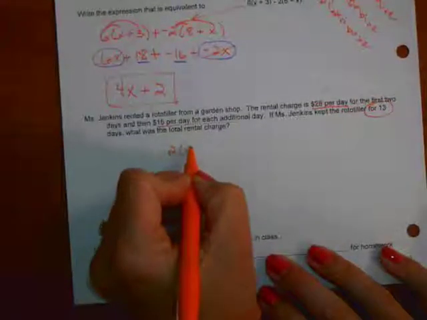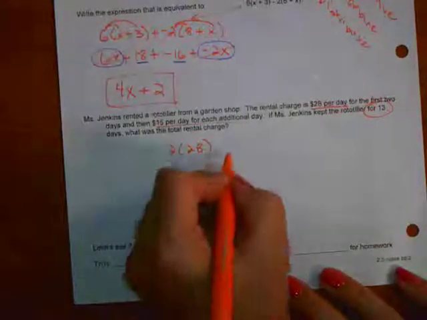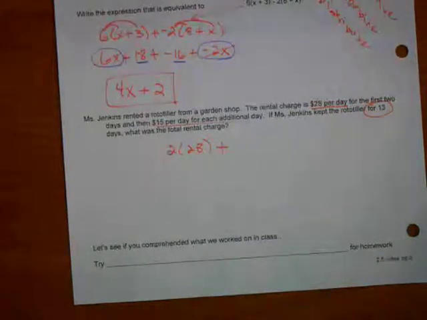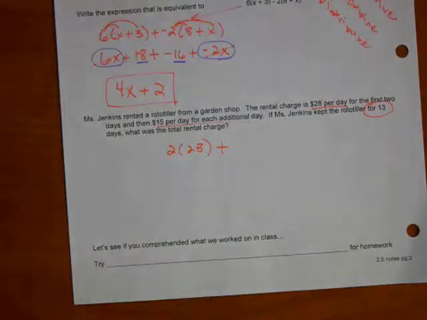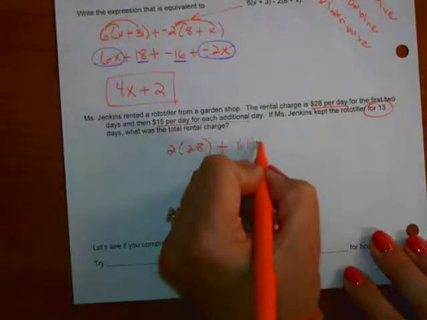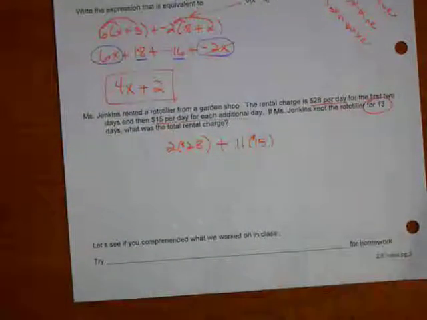How much did the first 2 days cost her each day? So I have 2 days at $28, correct? I'm going to add to that, how many days does she have left after we take those 2 away? 11, and how much were each of those days? So 11 times 15. I'm going to put a dollar sign here just so I know that that's money.